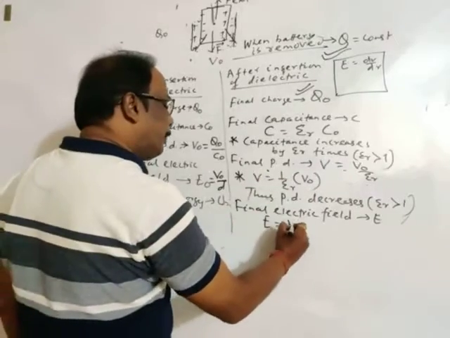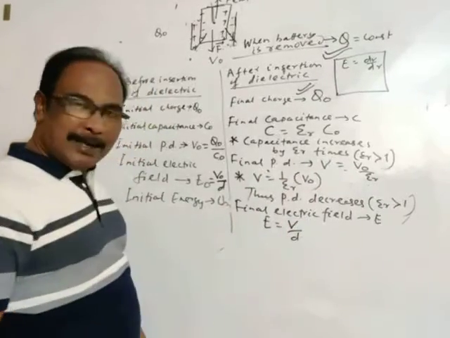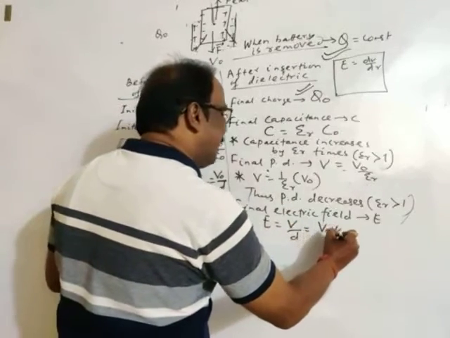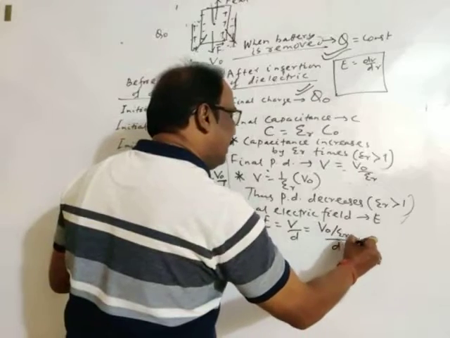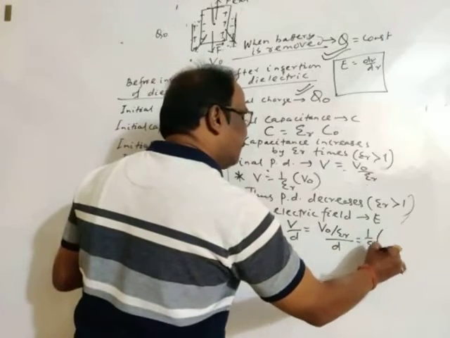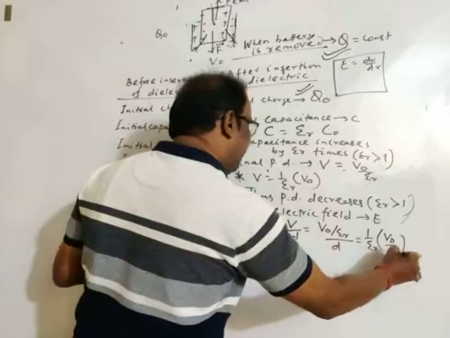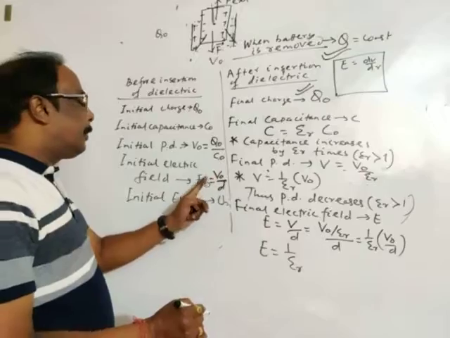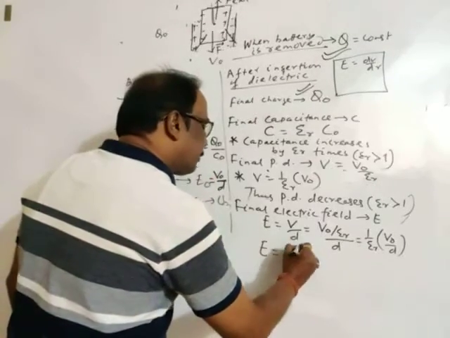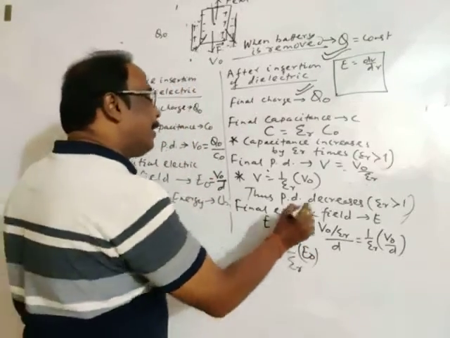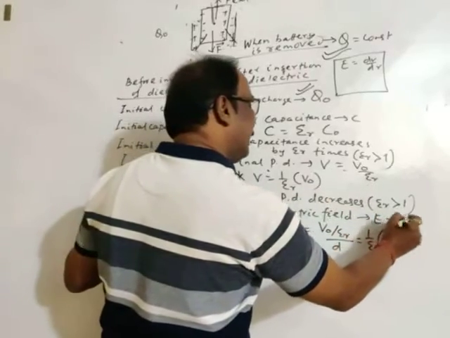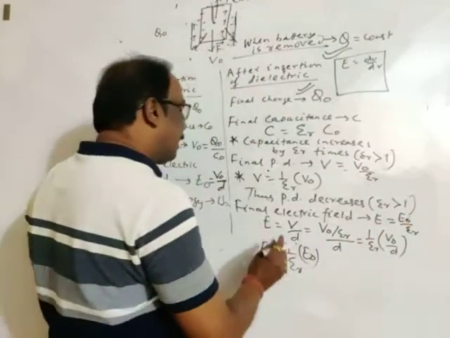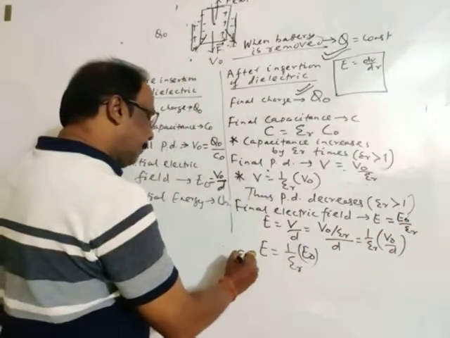The final electric field is the final potential V divided by the distance d. But the final potential is V naught divided by epsilon r, so this equals 1 by epsilon r into V naught by d. So the final electric field is 1 by epsilon r times V naught by d, which is E naught. So our remark: the final electric field is E naught divided by epsilon r.